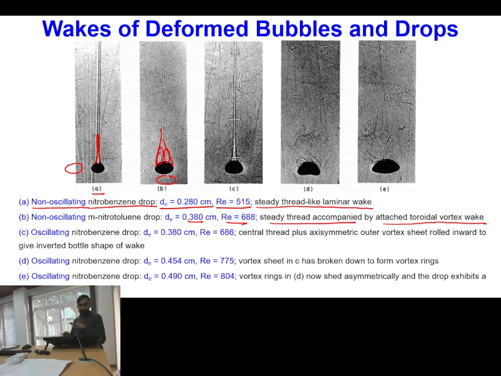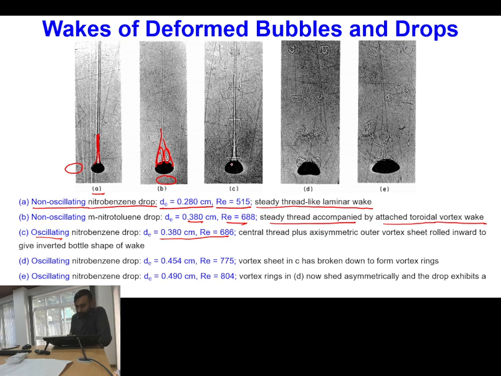Okay. On the contrary, if you further increase the value, if you consider another situation, so this was an M nitrotoluene drop, but if you consider a nitrobenzene drop of almost the same conditions, same diameter and same Reynolds number, there you will find an oscillating drop.